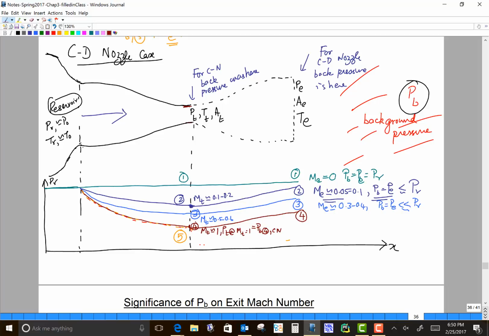Now in this case, because of the diverging section, the flow is going to slow down. So my ME is approximately going to be in the 0.7 to 0.8 range, and my PB, equal to PE, will be much smaller than PR.